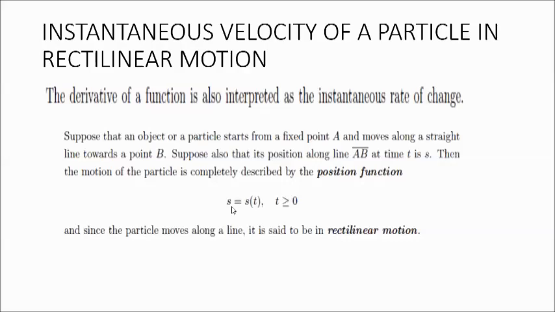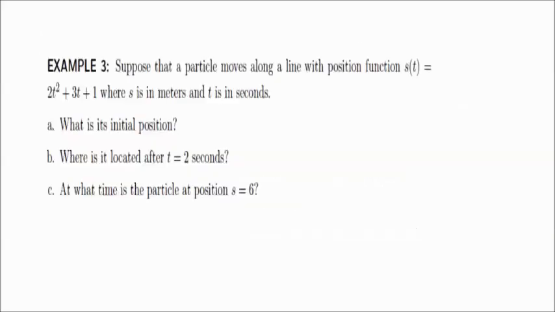Let's say, s equal to s of t, wherein time is greater than or equal to 0, class. It means hindi pwede yung negative time. Siyempre, it's like going back in time, so wala namang ganun. Example number 3.